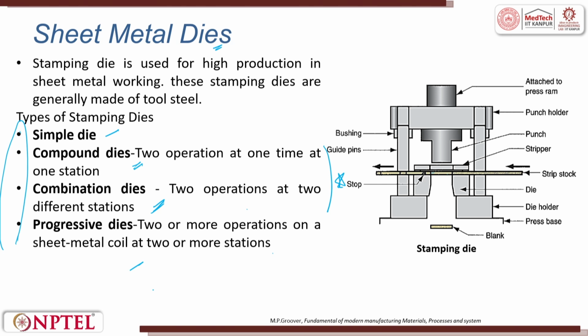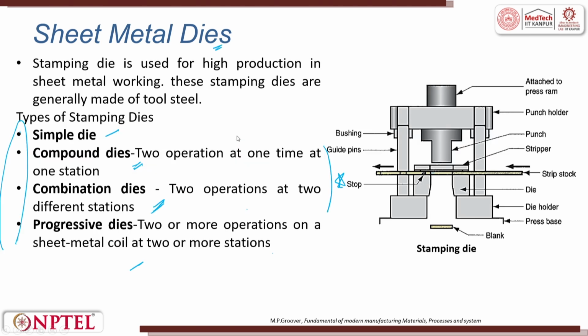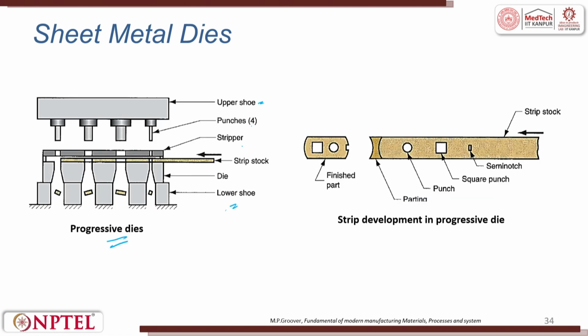These are the different types of stamping dies which are available, and they are all used for increasing the production rate. So this is a progressive die. You have an upper shoe, you have a lower shoe, and then you have punch, strip. Progressive die is two or more operations on a sheet metal coil at two or more different stations.